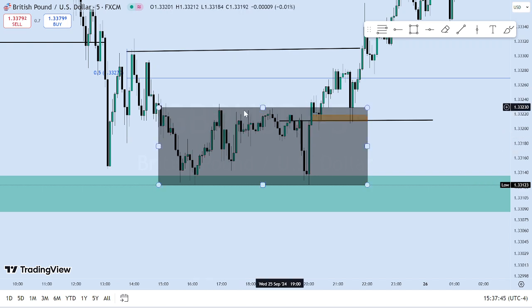So we close above the high of the range, we break above it and close above, then created a fair value gap. Here is a fair value gap. And here was our 15 minutes order block, last close candle, right?